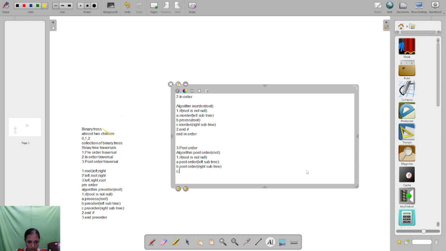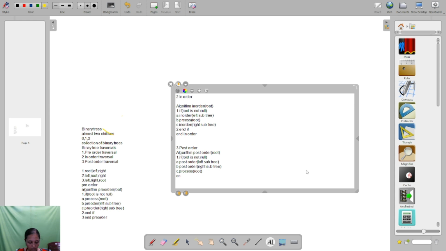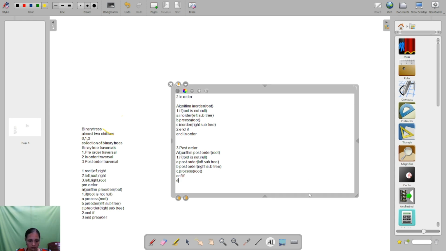The third one is process root. So finally you end if and end post order.